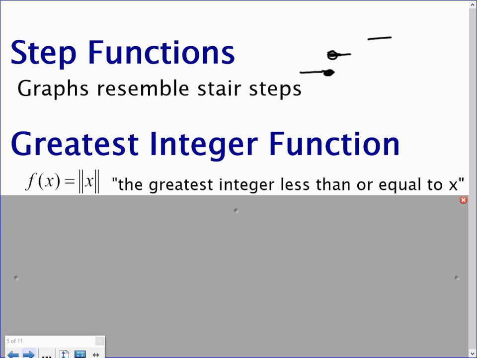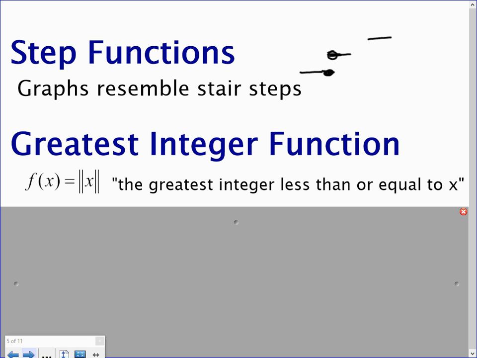So here's the greatest integer function and what the greatest integer function means. The greatest integer function is notated by what looks like double absolute values, or sometimes it looks like double brackets, like when I draw the greatest integer function, you're going to see me write it like this. They're the same thing, same notation.